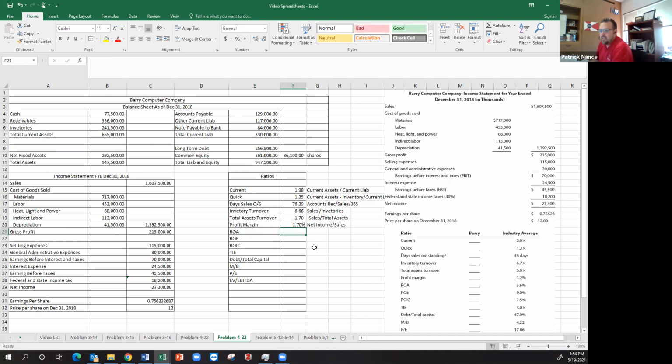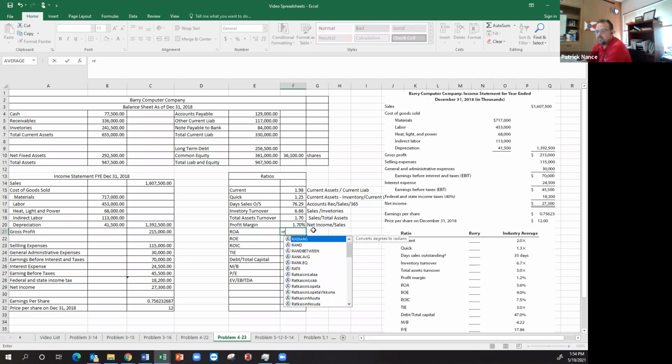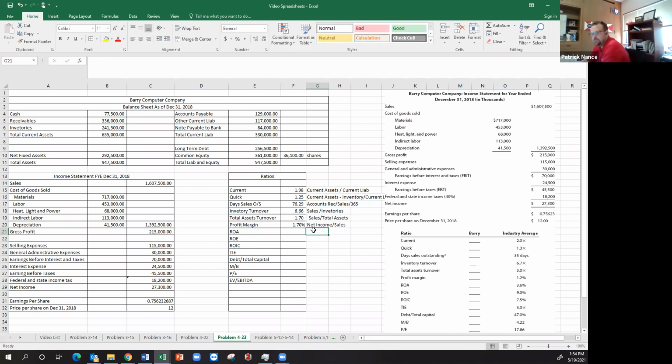All right, next is ROA, return on assets. So I take my net income. Sorry, this one, return on assets, is net income divided by total assets.